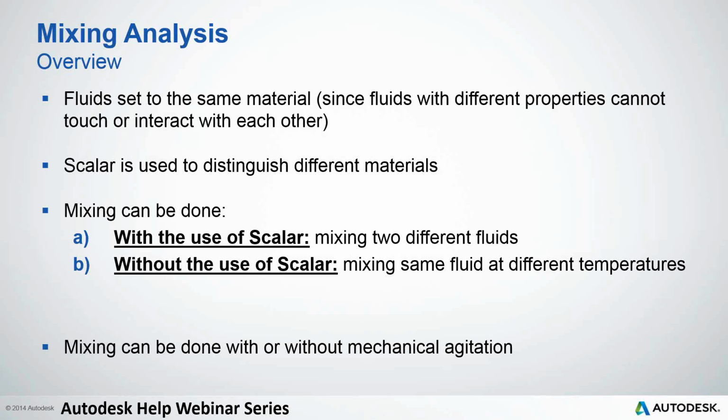Marwan, would you mind if I add something? Sure. Actually, I had some customers who were asking if it is possible to use scalar mixing analysis when simulating more than 2 fluids. This feature is only available for 2 fluids. We can only have scalar 0 and scalar 1.